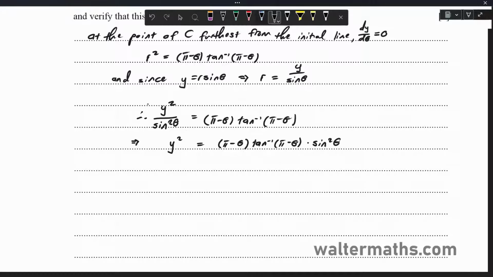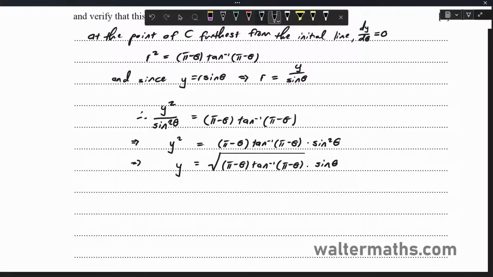Now we can square root both sides so that we can have y being equal to the square root of pi minus theta of arctan of pi minus theta, and the square root of sine squared theta is actually sine theta, so that's times sine of theta.